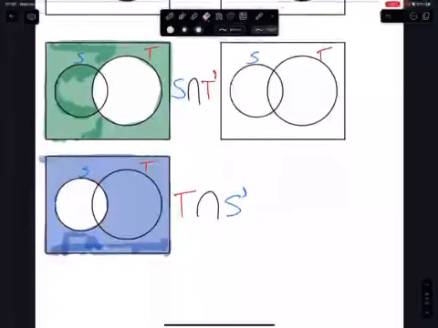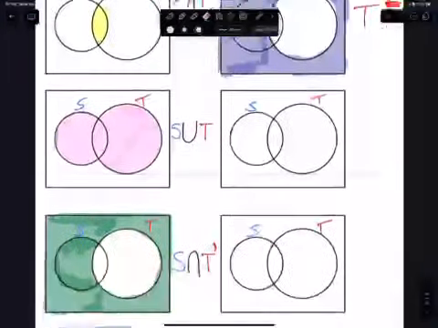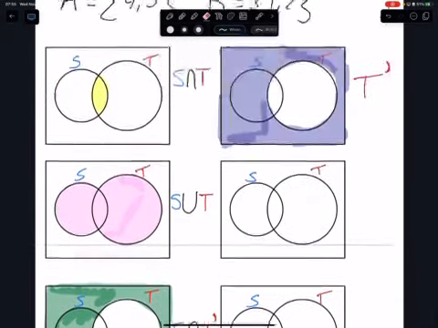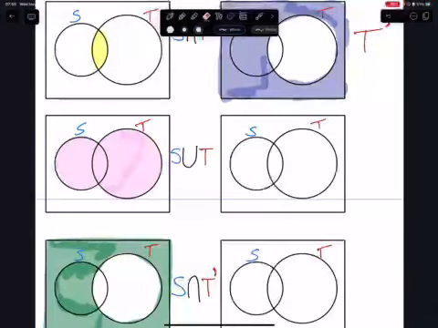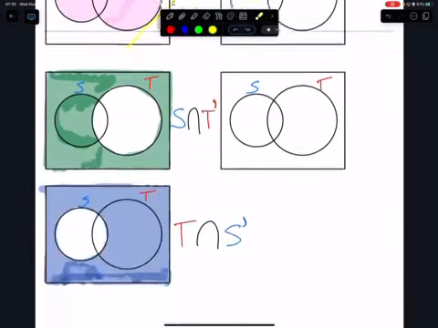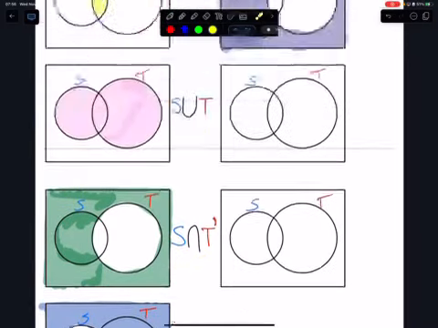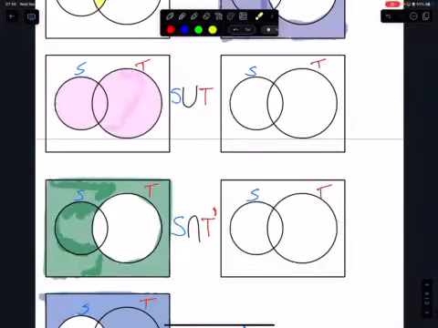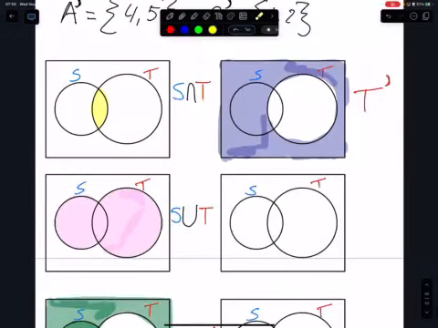So the last one, S intersecting with T apostrophe, is exactly the same thing as saying T apostrophe. So you can write differently, but meaning the same thing. So watch out for those things. E is the same as D, the same answer, just written differently. Yeah, this one is T apostrophe, means the same thing.